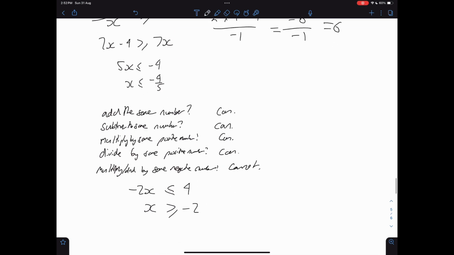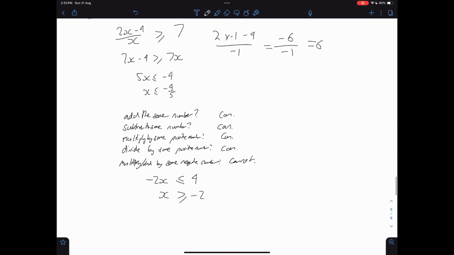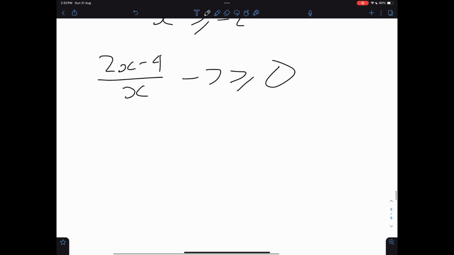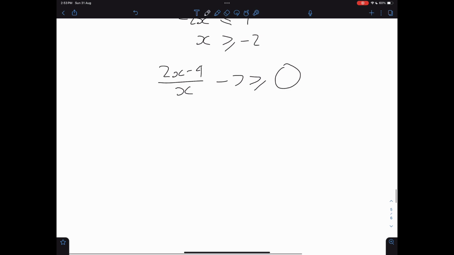So what we would do is put everything to one side to get it equal to 0. And then we just need to find our critical points again. We need to find when this will equal 0, so we need to find some critical points and then see what works.